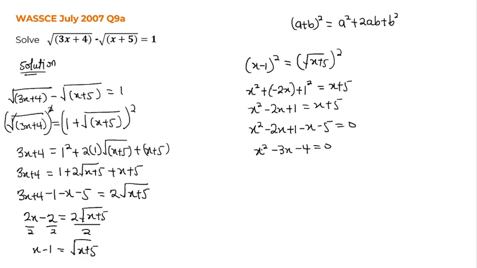The coefficient of the s squared term is 1, so 1 multiplied by negative 4 will give me negative 4. Which two numbers will I multiply to get -4, and add to get -3? So +1 and -4 will give us that. So I have here s squared plus s minus 4s minus 4 is equal to 0.